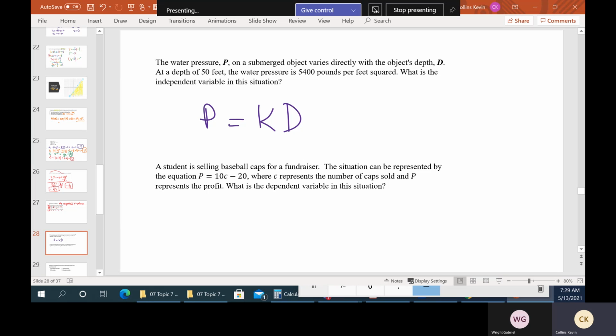So the independent variable is D, because the amount of pressure depends on the depth. Okay, so the independent variable again is going to be D. So that's the variable we change. So the deeper you go, the more pressure you get.